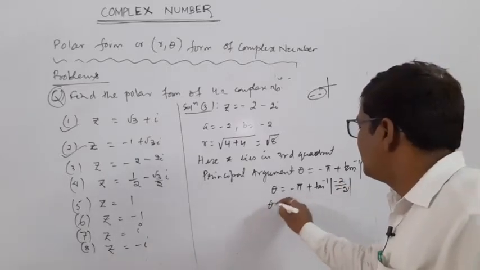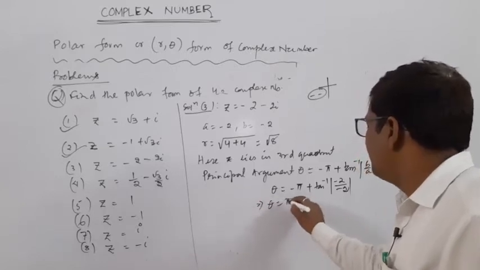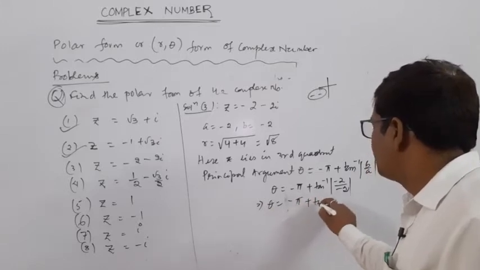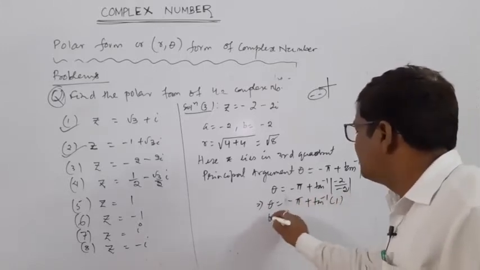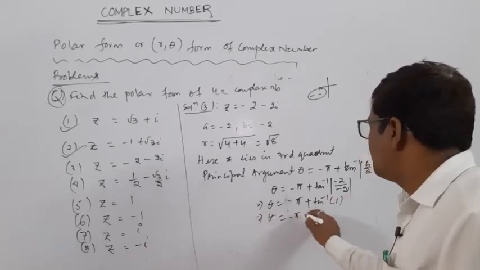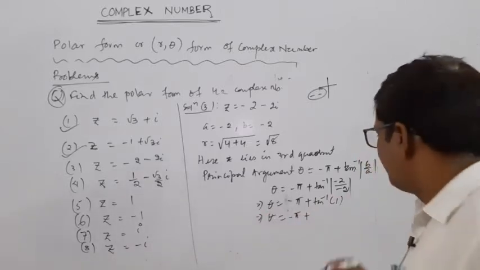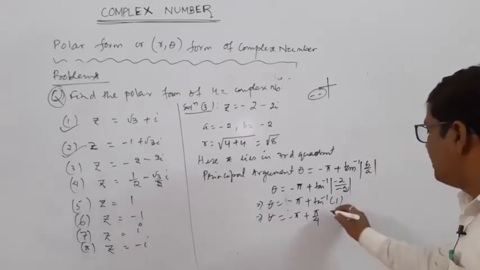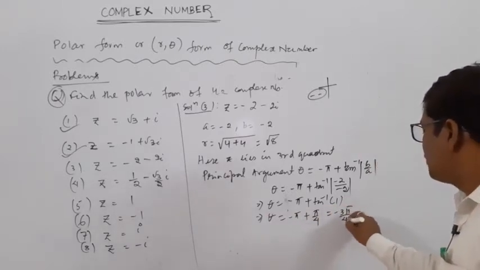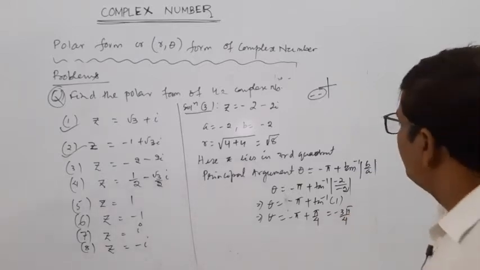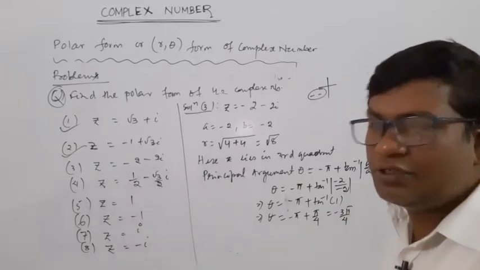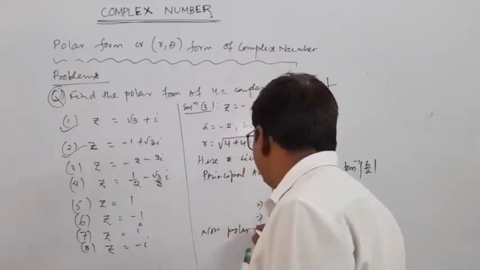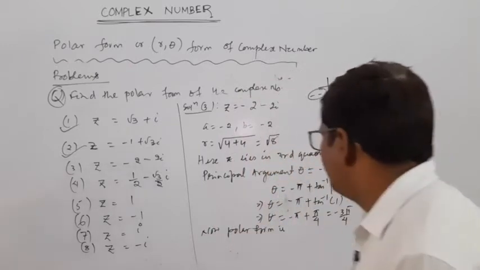So theta is equal to minus pi plus tan inverse 1, that is pi by 4, so minus 4 pi plus pi, that is minus 3 pi by 4. This is the principal argument of the complex number. Now the polar form is z is equal to what?